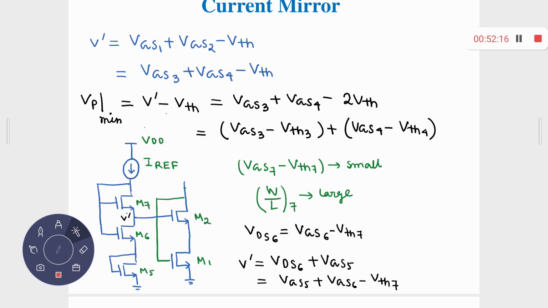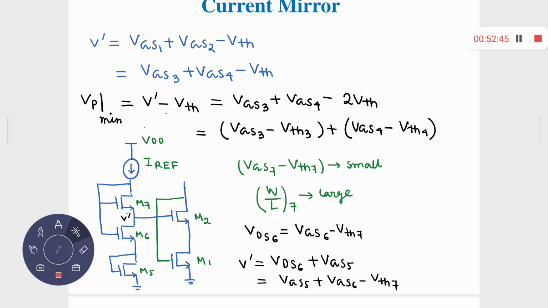We have added 3 more MOS devices, M5, M6, M7. Out of them, M5 and M7 are directly connected. And this condition you have already observed now: the feedback, output to input.